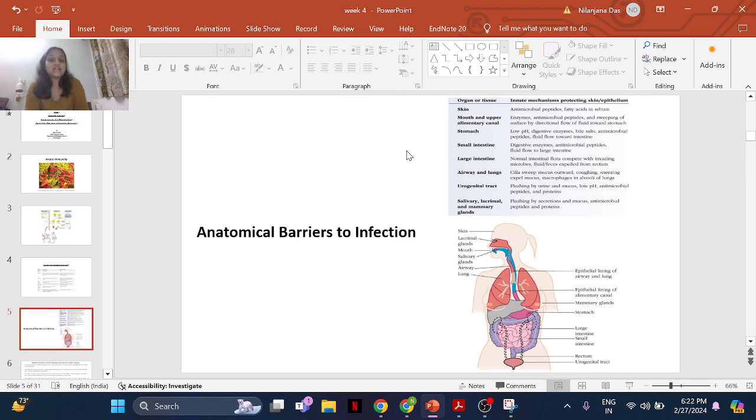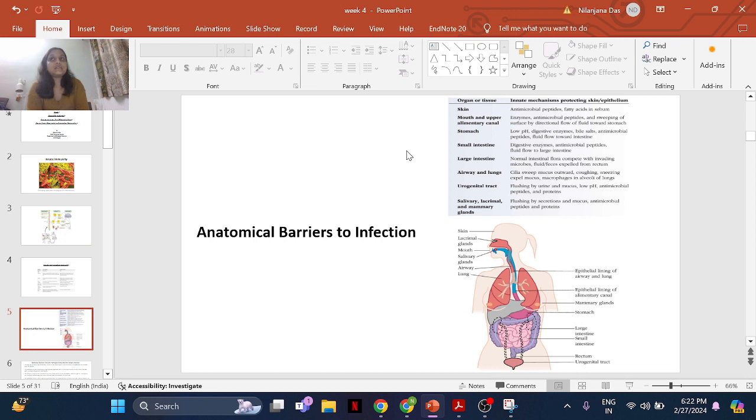There are also salivary glands, lacrimal glands, and mammary glands, which flush pathogens by secretion and mucus and also antimicrobial peptides or proteins. So every layer or every part of our body has certain functions which secrete these peptides or proteins, or through mucus expel the pathogens.